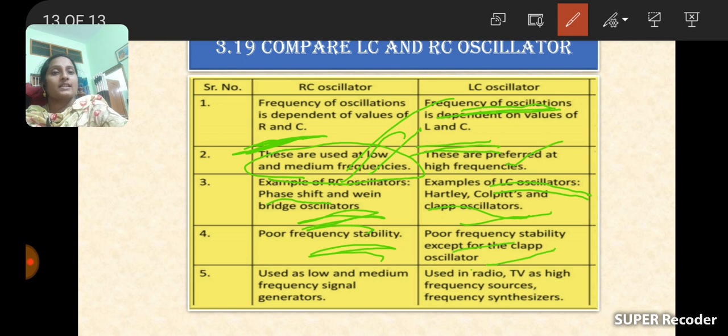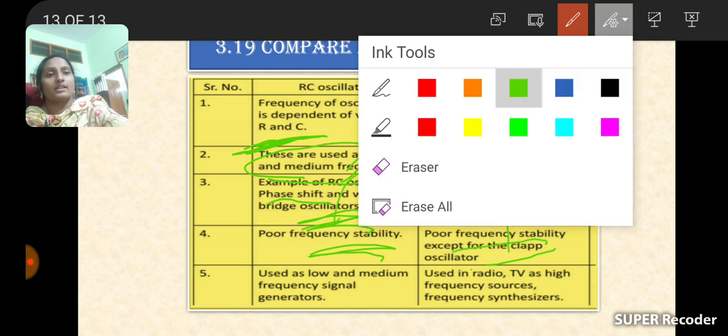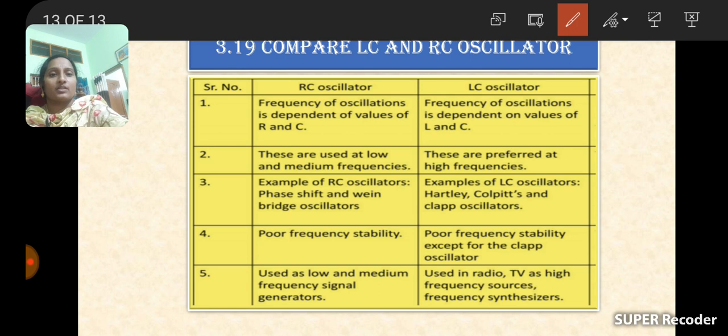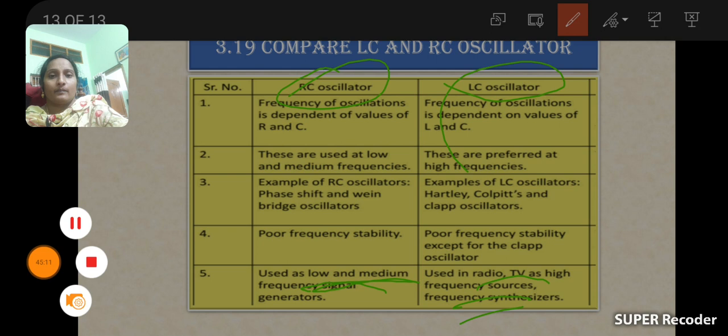But in an LC oscillator, compared to the RC oscillator, they are somewhat stable. So RC oscillators are used for low and medium frequency only, but LC oscillators are used for high frequency, such as in TVs, radios, etc.